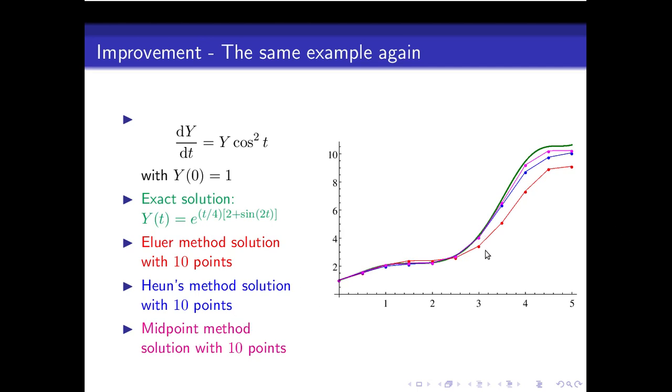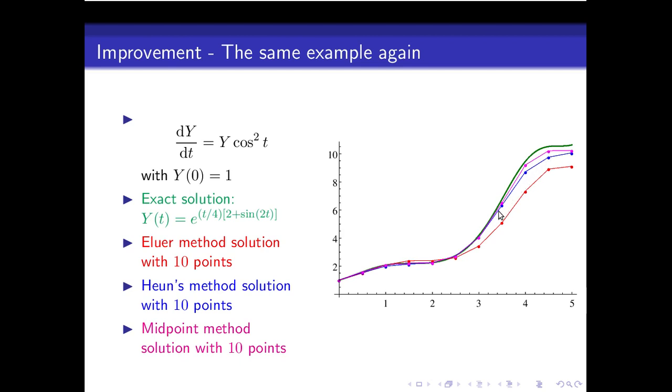This red line is for Euler method with 10 points, and Heun's method and midpoint method are represented by this blue and magenta lines respectively. This is for Heun's and this is for midpoint method.